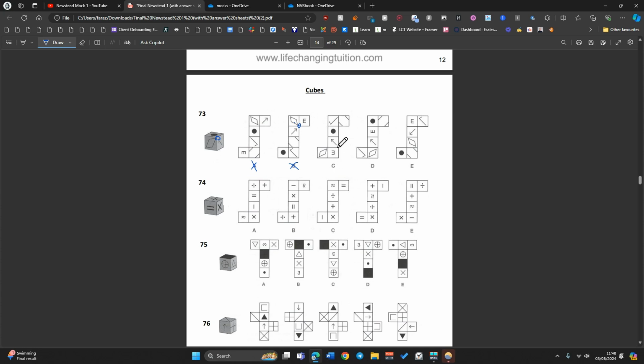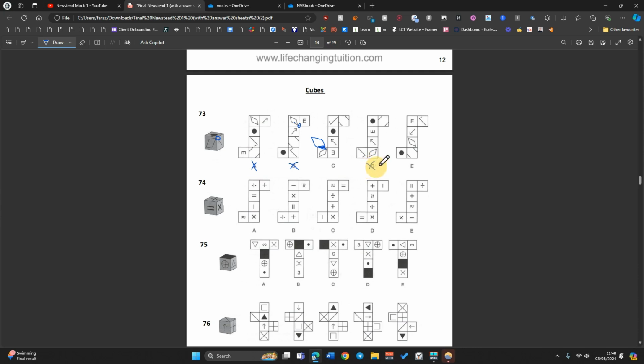I'm imagining folding the E and then folding the rectangle on top of it, and it still won't be. So what will happen here is the rectangle will fold and it will look like this. Right, and then the arrow is pointing towards a different direction, or that's at least what it looks like to me. So I'm going to go ahead and look for the next one.